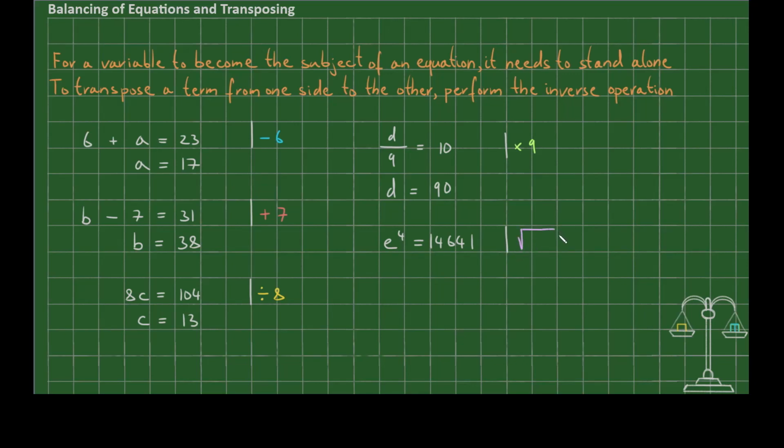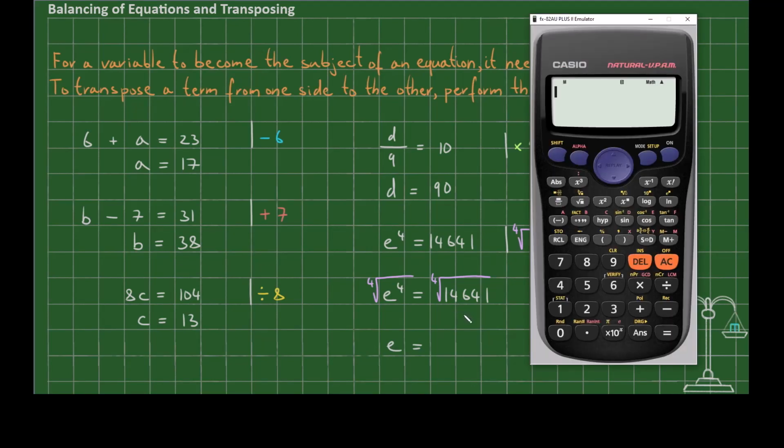But I have to be a bit careful. I want to transpose a fourth power. Therefore, I need a fourth radical or a fourth root. And now I'm going to apply the fourth radical to both sides. The fourth radical will cancel the fourth power, so I will be left with e. And on the other side, I need to take the fourth root or the fourth radical of 14,641.